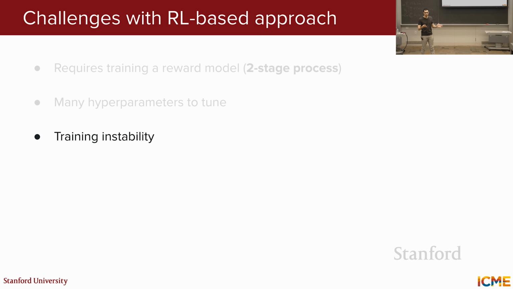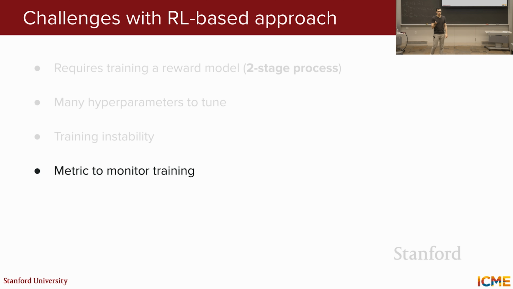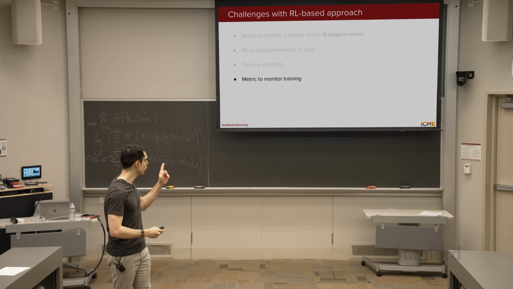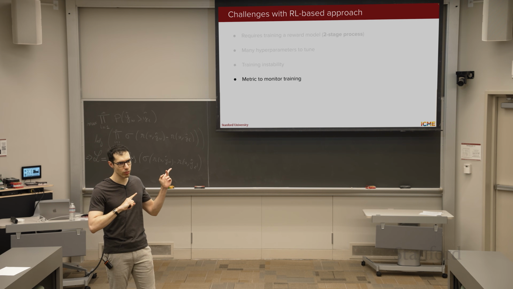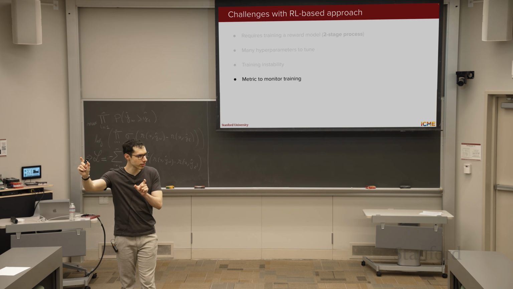Then you have some instability challenges. So, you can constrain your iterations to not be too wide to kind of control for that, but sometimes it's not sufficient. So in terms of the metric that you can use to monitor the training, well, what is a metric you would use? So we're trying to maximize rewards in some sense. So typically the metric that you would use to monitor your training would be the average rewards.